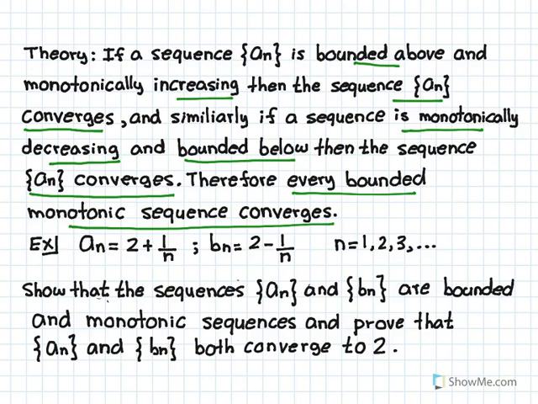So let's look at two sequences. We have an is equal to 2 plus 1 over n, bn is equal to 2 minus 1 over n, where n goes from 1 to infinity. And we would like to prove that these two sequences, an and bn, are bounded and monotonic, and we would also like to prove that both of these sequences converge to 2.